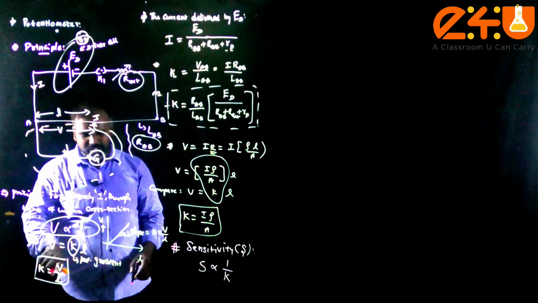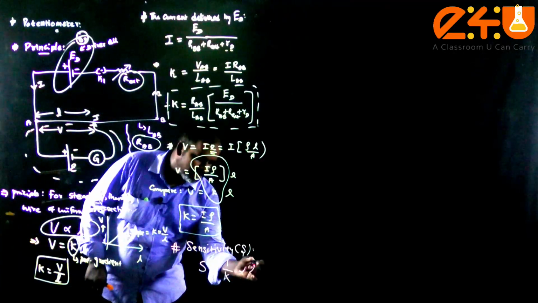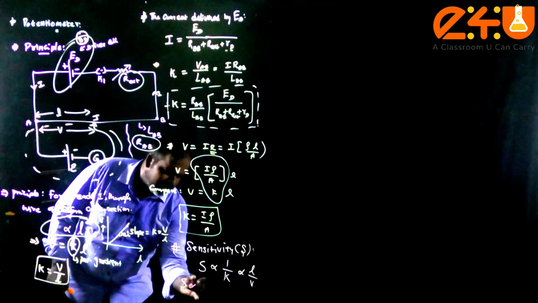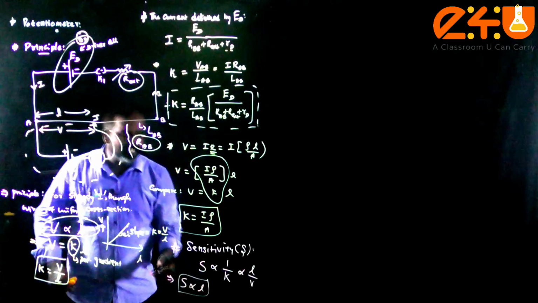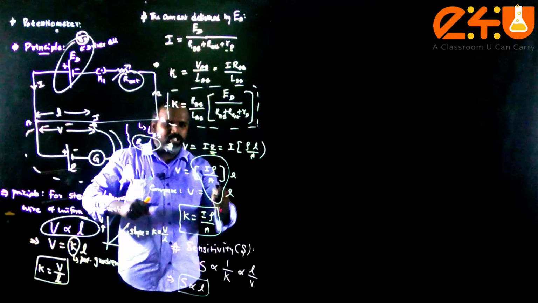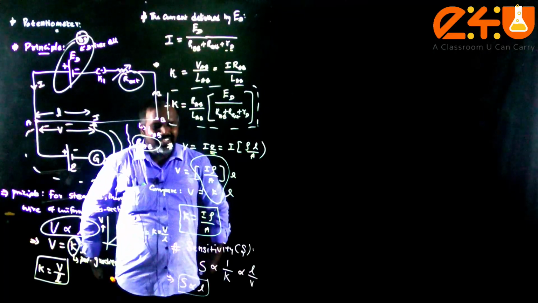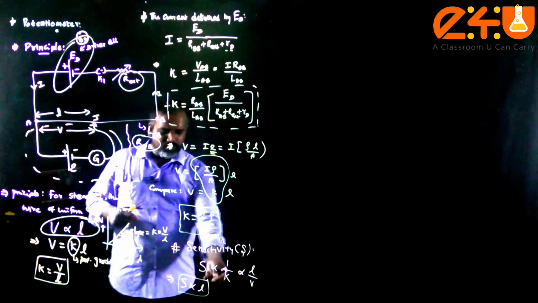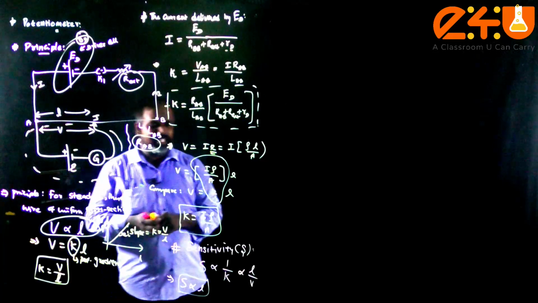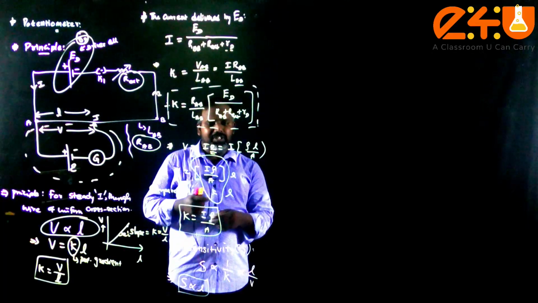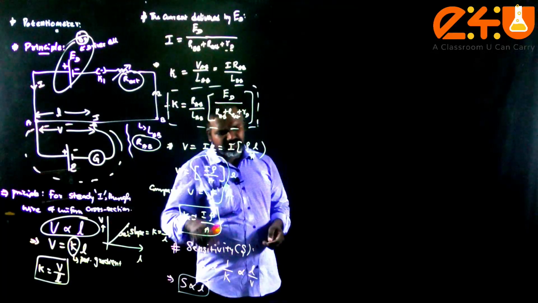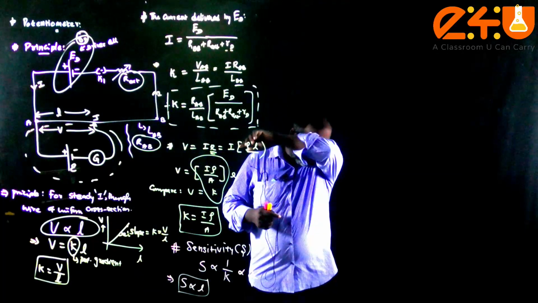Since K is equal to V by L, the inverse of K is L by V, so S is proportional to L. When the length of the potentiometer wire AB is increased, that is why in the lab we generally use 10 meters as the length of the potentiometer wire. When the length increases, the sensitivity of the potentiometer also increases, because of that you can measure even smaller potential differences. That is the definition of the sensitivity of the given circuit.